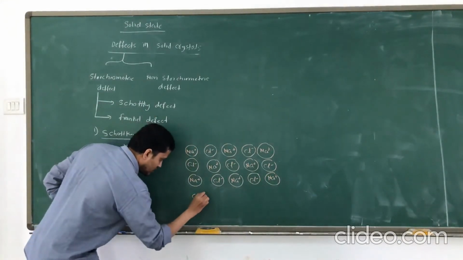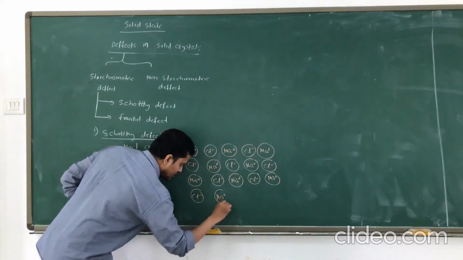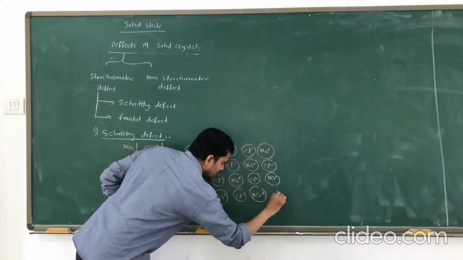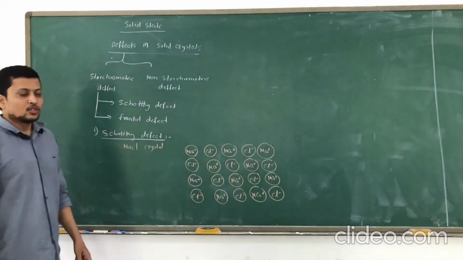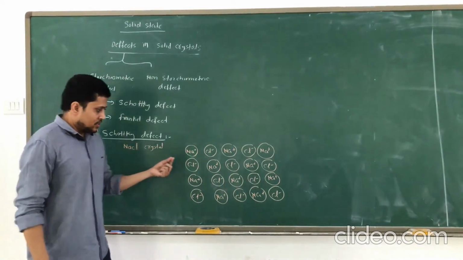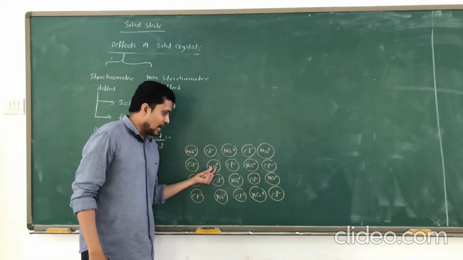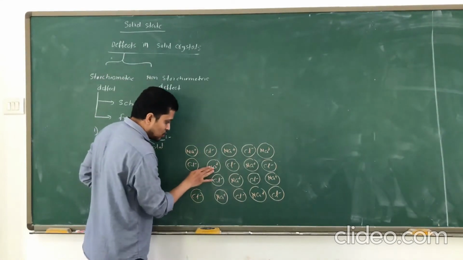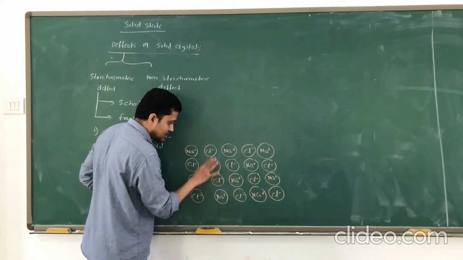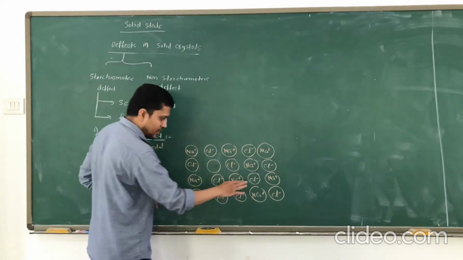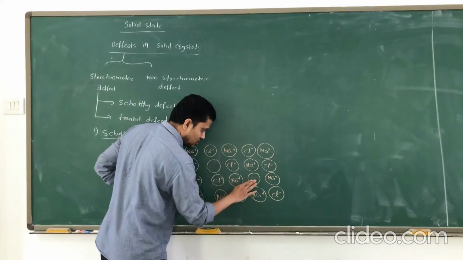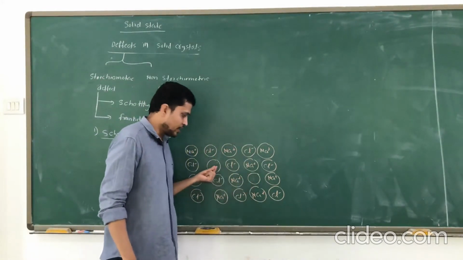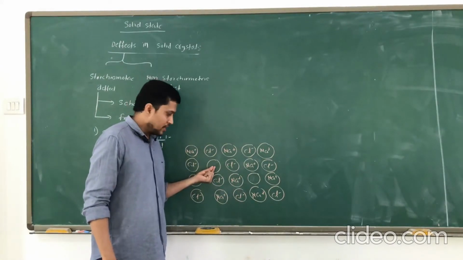So suppose this is the NaCl crystal. In this Schottky defect, some defect is going to be produced over here. Some of the anions and cations are missing. From this place, a sodium plus ion is missing, and from somewhere here, a chloride minus ion is also missing. That means they are producing some empty space over here.